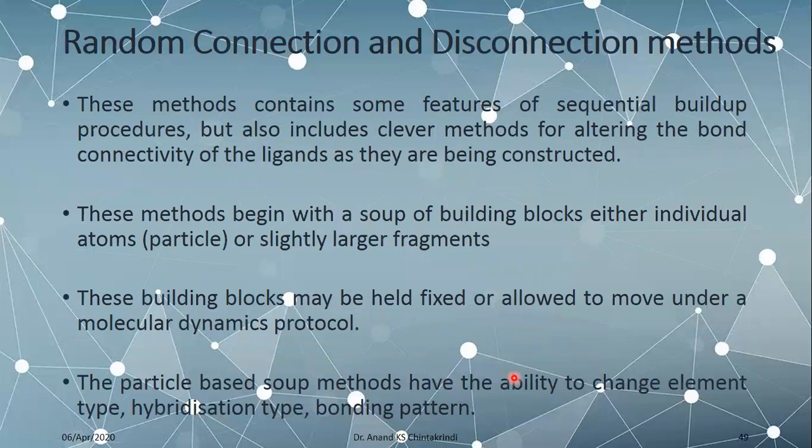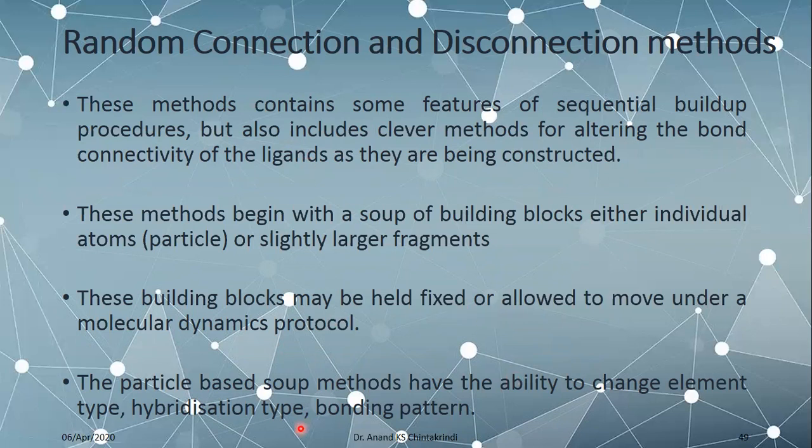The last method is the random connection and disconnection method. This method contains some features of sequential buildup, but also covers methods of altering. In sequential buildup, what you get is a final compound.